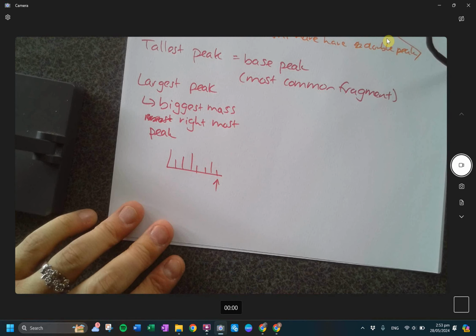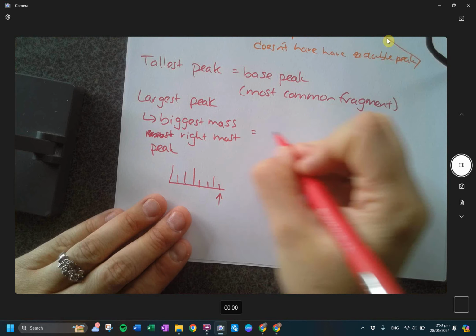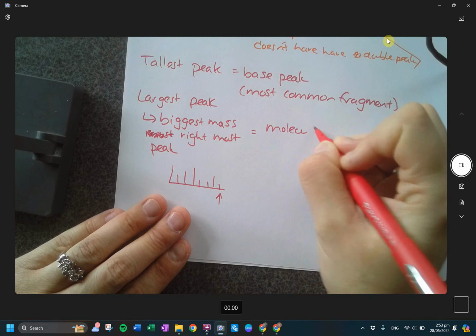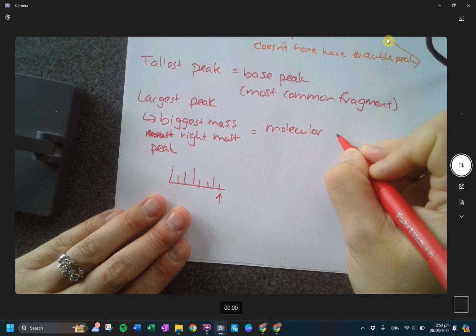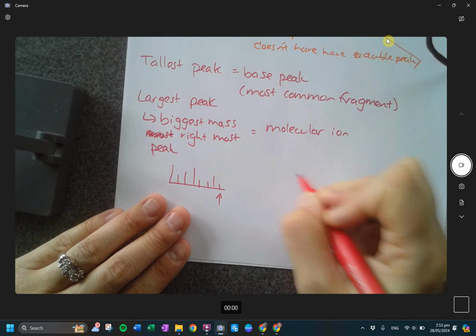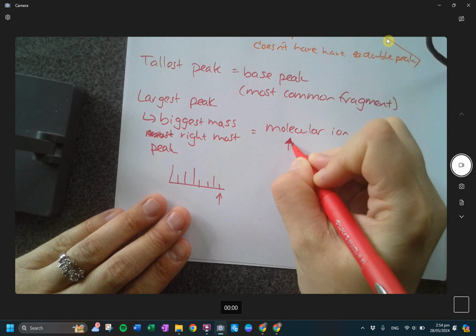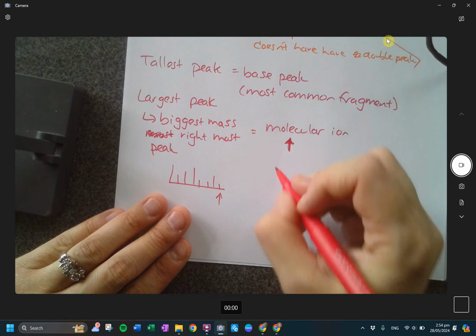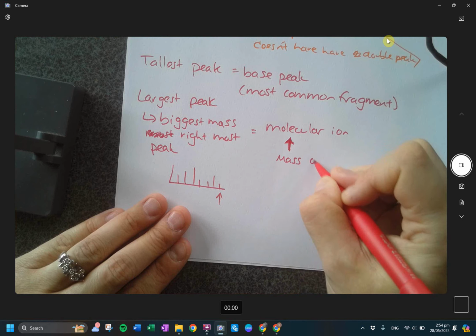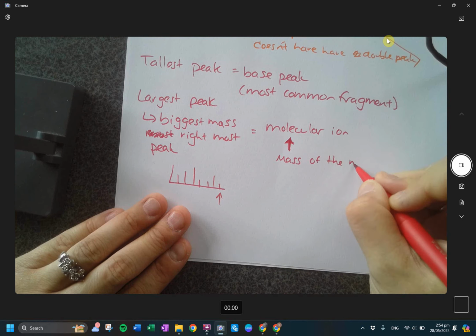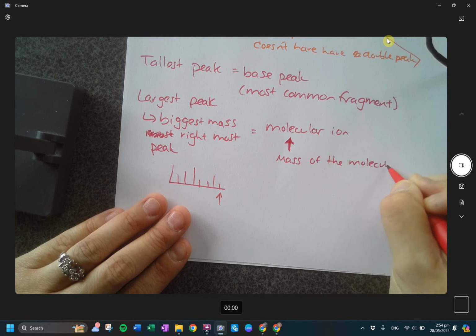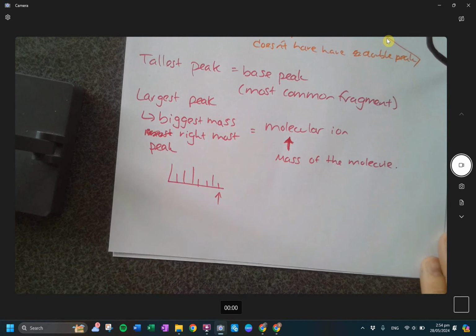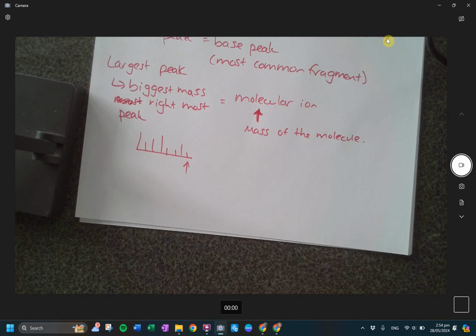It's the last one that you see on the right. This is your molecular ion. This is really important because it tells you the mass of the molecule. And from the mass of the molecule, I can then figure out how many carbons I have.